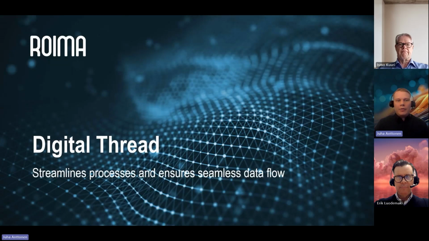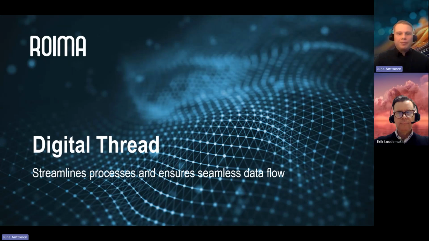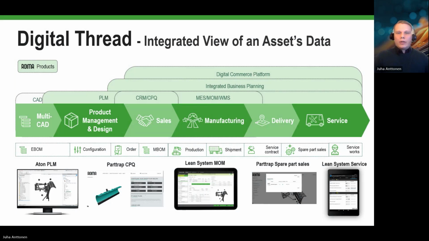And then we start with the digital thread concept. So what is digital thread? It's a Roima level concept, and there are lots of things happening in this one slide, but we will start from the middle, where the green arrows are going from left to right. And that's the typical business process for our customers.